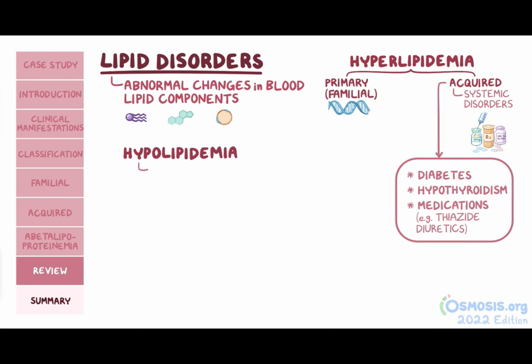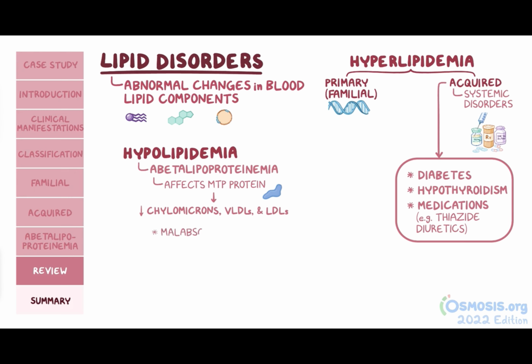Hypolipidemia can be caused by abetalipoproteinemia, which is a genetic disorder that affects the MTP protein. This leads to decreased levels of chylomicrons, VLDLs, and LDLs. The symptoms are caused by malabsorption of fats and fat-soluble vitamins.